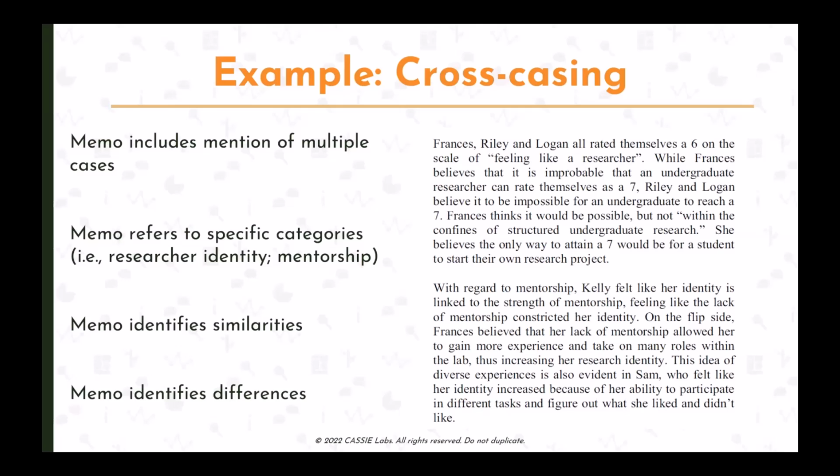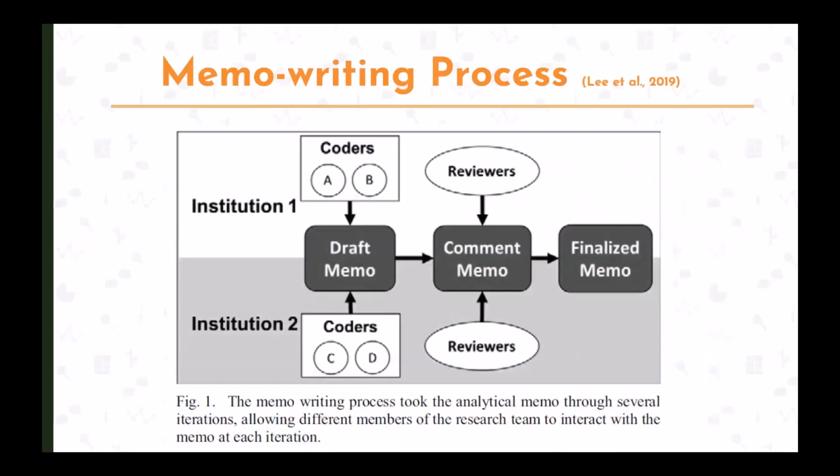And so you see how you're able to put more than one case in a memo and see how they had expressed similar as well as distinct experiences, in this case on the same topics, one of them being feeling like a researcher, that's the top paragraph, and the other topic being mentorship and whether mentorship made you feel like more of a researcher. Again, pretty cool stuff, I think, to our project and linking it up to what we were just talking about.